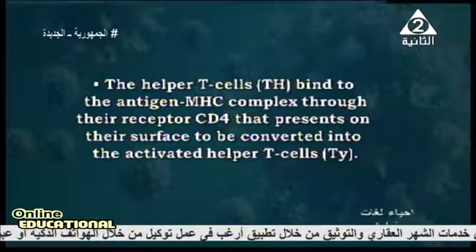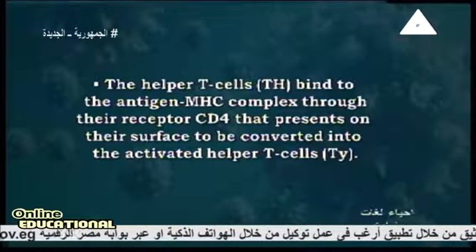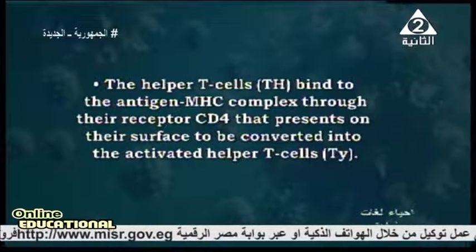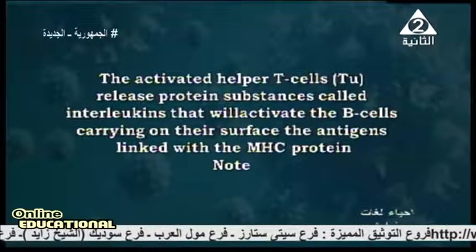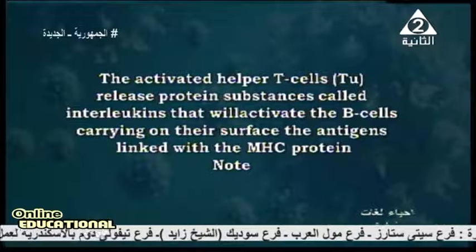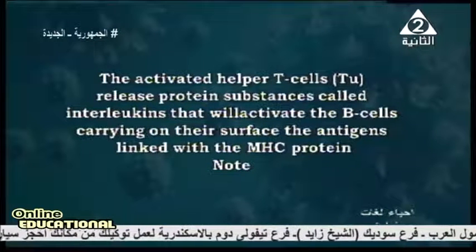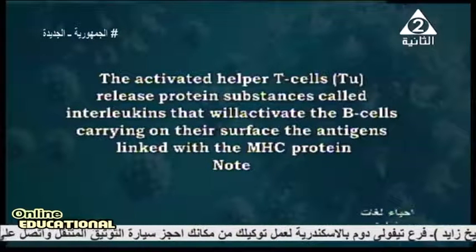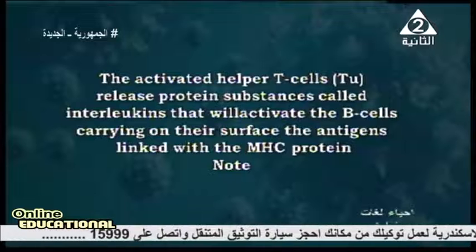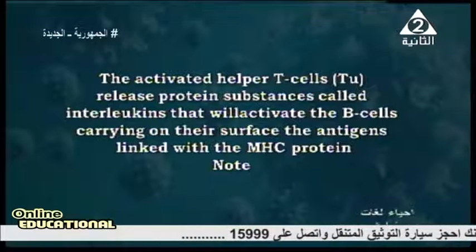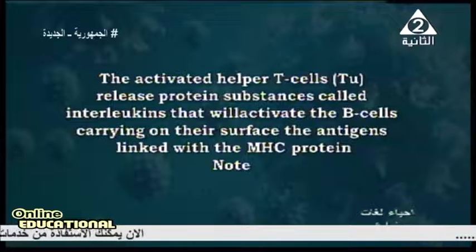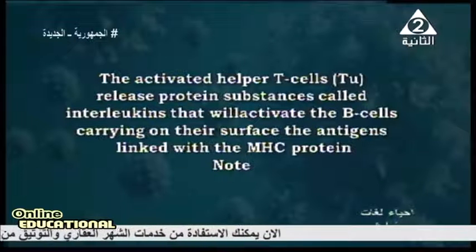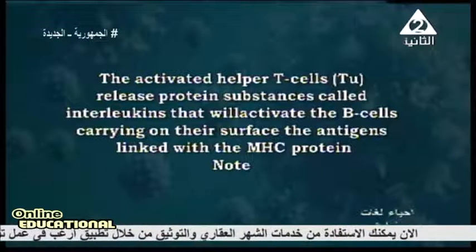So the helper T cell, after binding to MHC through the CD4 receptor, changes into the activated helper T cell. The activated helper T cells release a protein known as interleukins that will activate the B cell, carrying on its surface the antigen linked with the MHC protein.